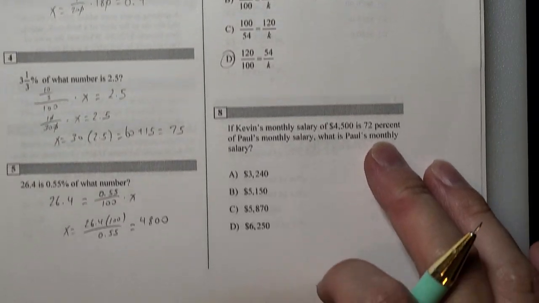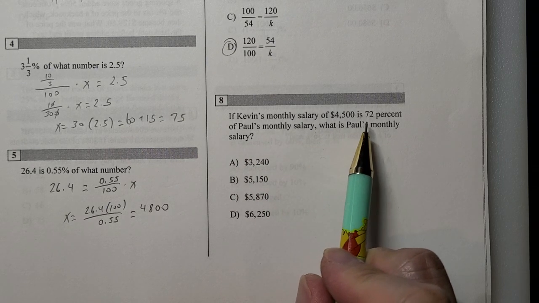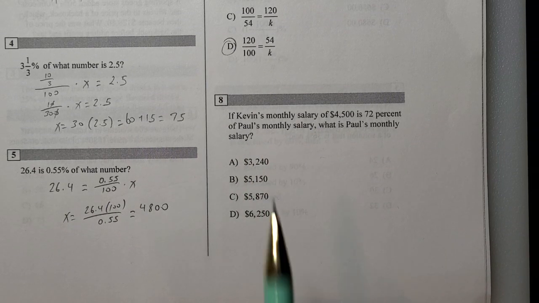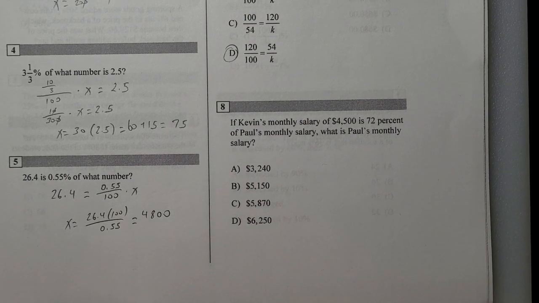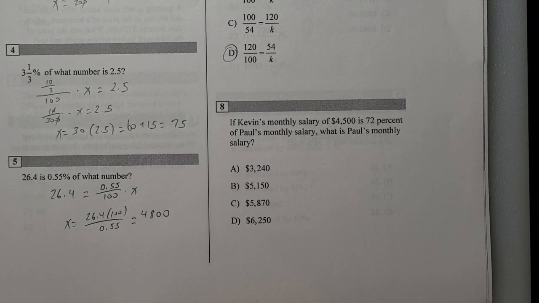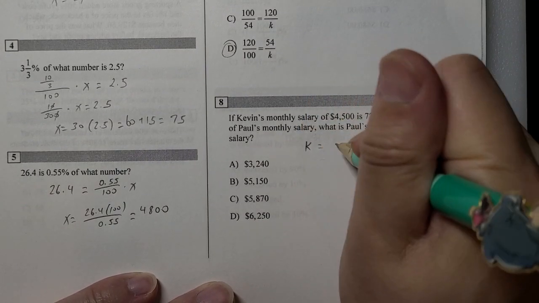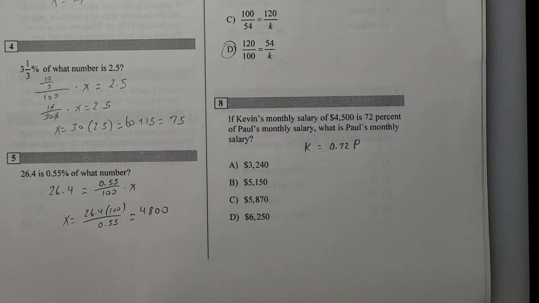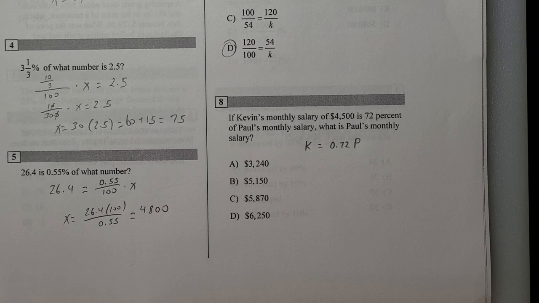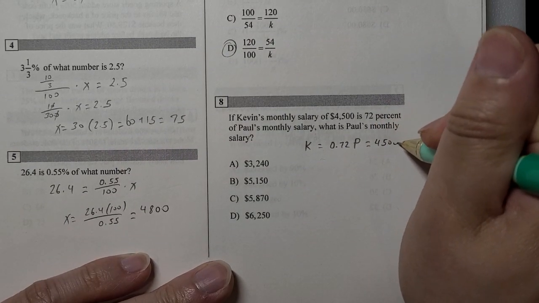Okay, number 8, I guess this will be quite a short video. If Kevin's monthly salary of $4,500 is 72% of Paul's monthly salary, what is Paul's monthly salary? Go ahead and try to solve this one. Okay, hopefully you got the pattern now. Kevin's monthly salary is 72%, so 0.72 of Paul's. So K is 0.72 times P, and Kevin's salary is 4,500.